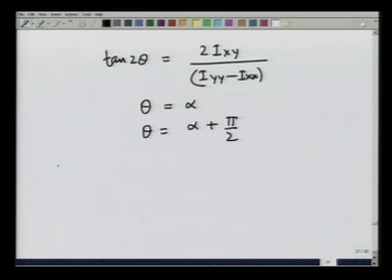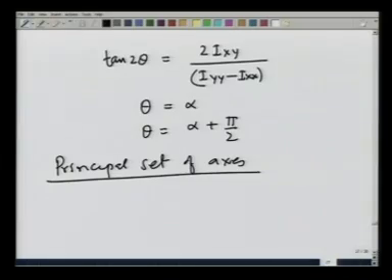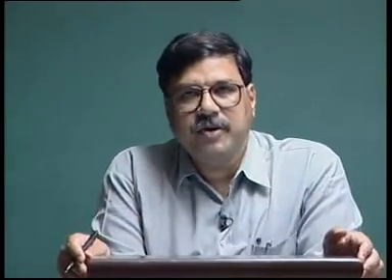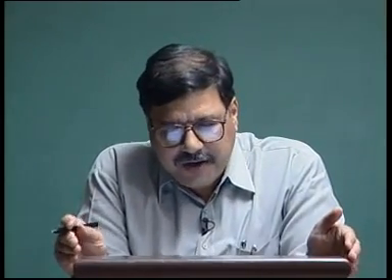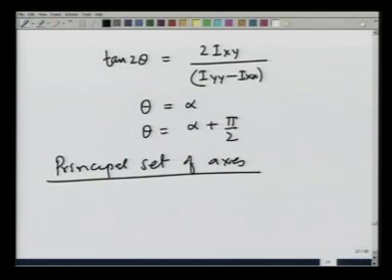So, we found a set of axes, the principal axes, such that not only the product of area vanishes, the second moment of area is also either maximum or minimum. If it is maximum about the x axis, about the other y axis it becomes a minimum. If it is minimum about the x axis, it becomes maximum about the other axis, the y axis.